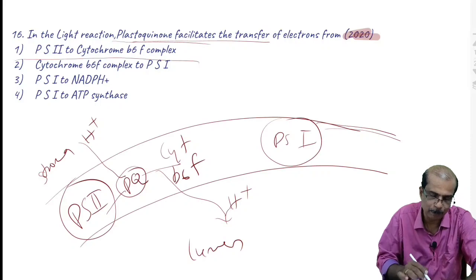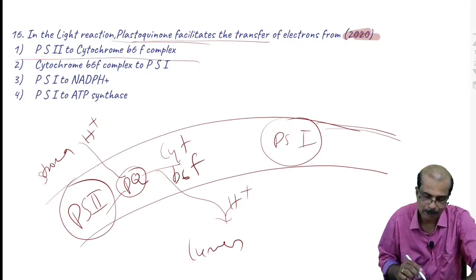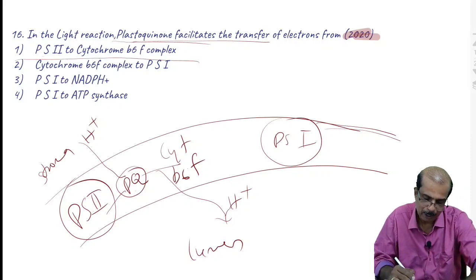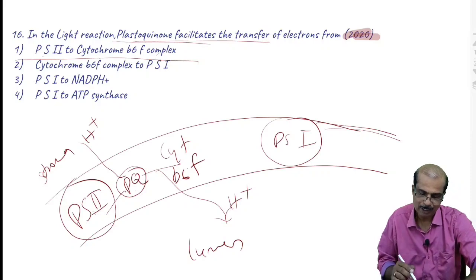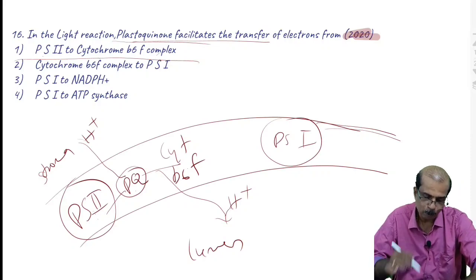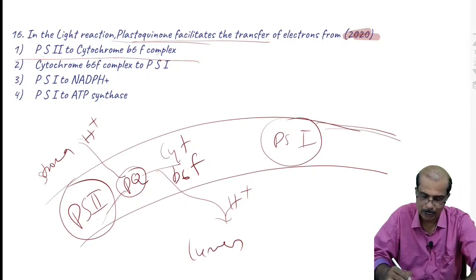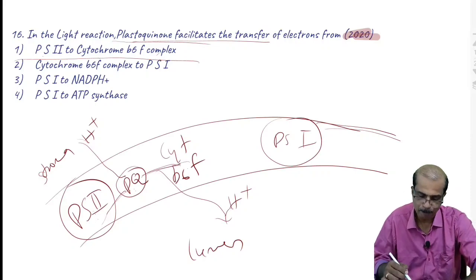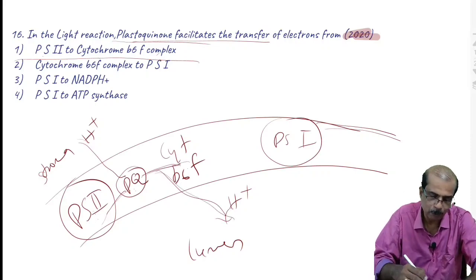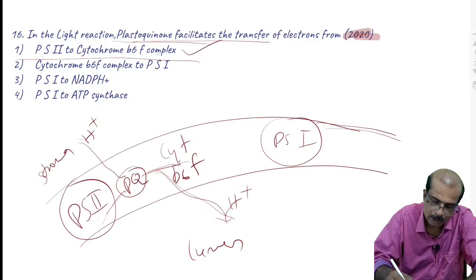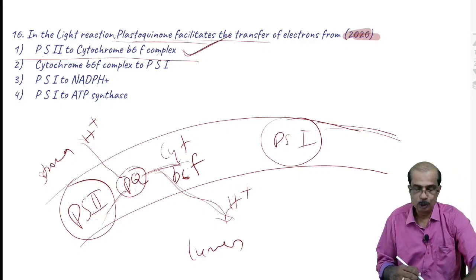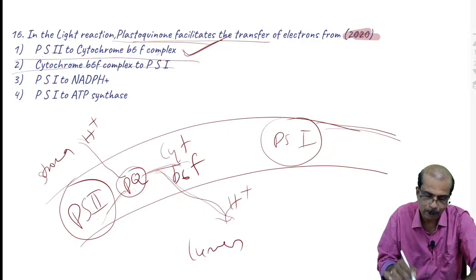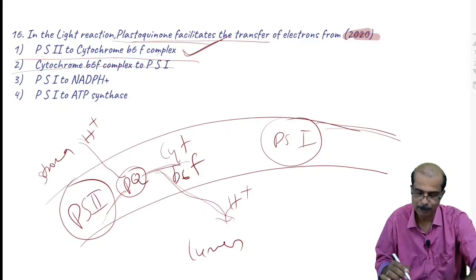In the light reaction, what is the role of plastoquinone? See the first option, PS2 to cytochrome B6. Here plastoquinone is placed between PS2 and cytochrome B6F. It absorbs protons from the stroma, electrons from PS2, and transfers electrons to the cytochrome B6F complex and protons to the lumen. We can deduce the answer from the first option itself. What about the second option? Cytochrome B6F complex to PS1.